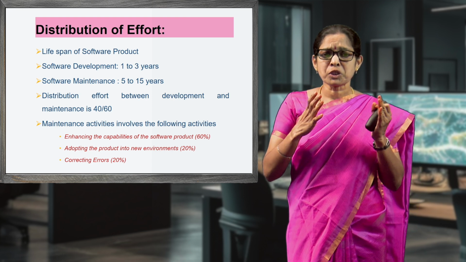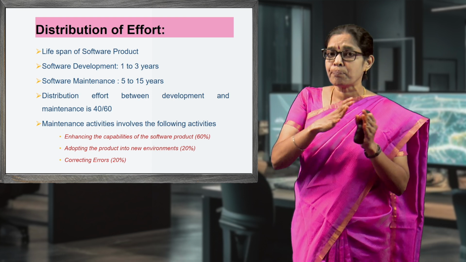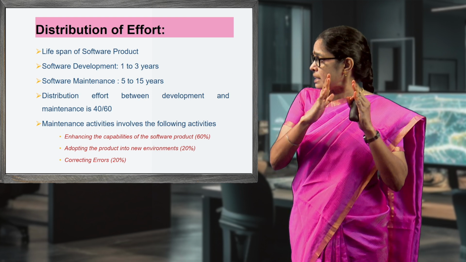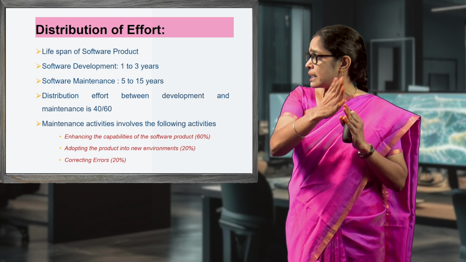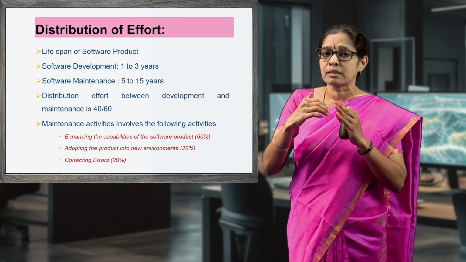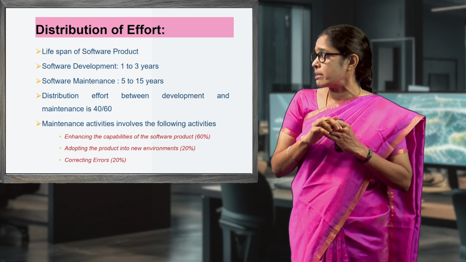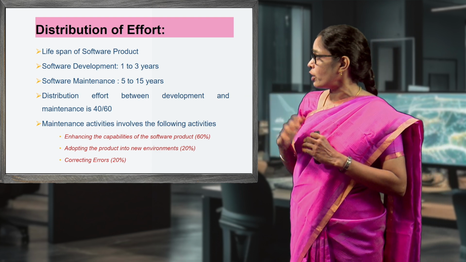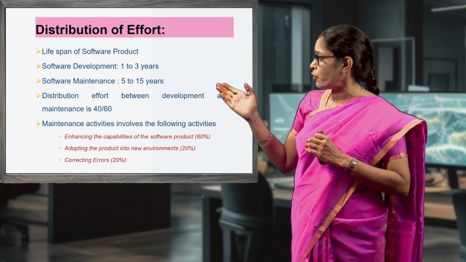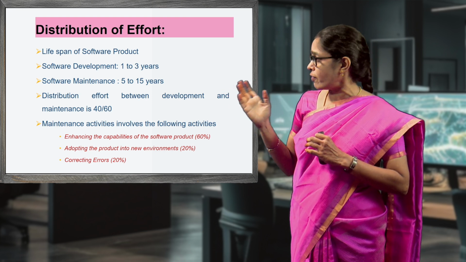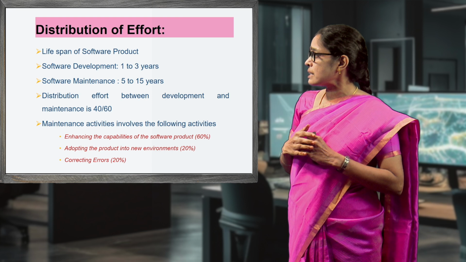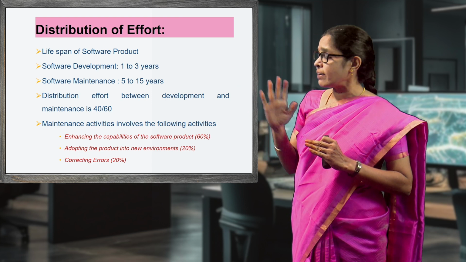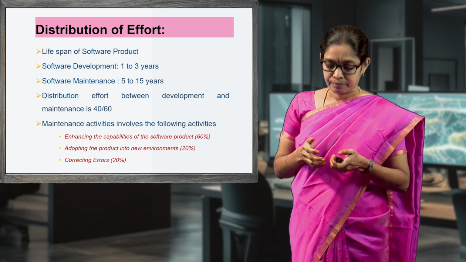So, the distribution of effort between development and maintenance is 40/60. 40% of effort goes towards development and 60% goes towards maintenance. The maintenance activities involve the following: 60% for enhancing the capabilities of the software product, 20% for adapting the product to a new environment, and 20% for correcting errors.